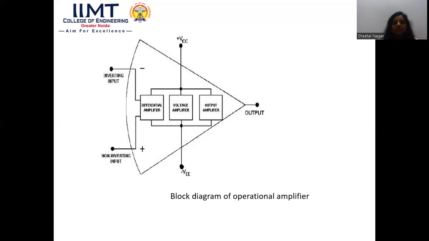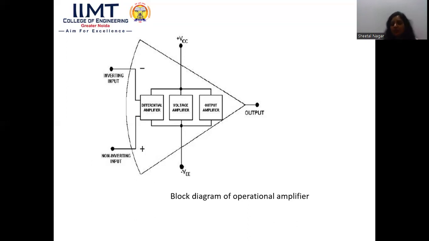The output of the differential amplifier is connected with the voltage amplifier, and the output of this voltage amplifier is also connected with the output amplifier. The output of the output amplifier is taken as the final output of the operational amplifier.